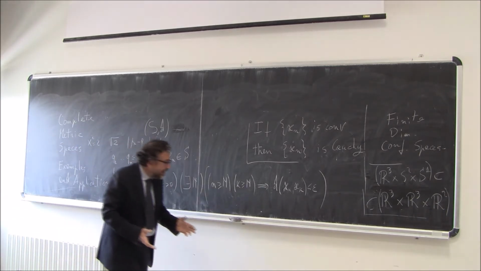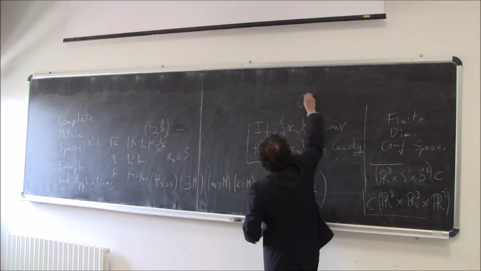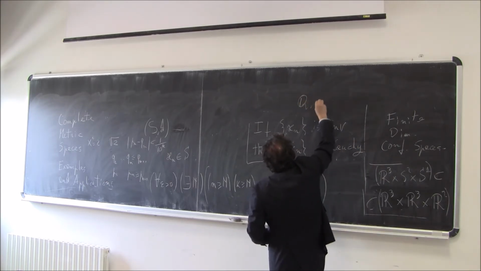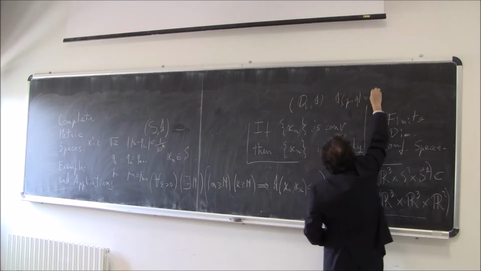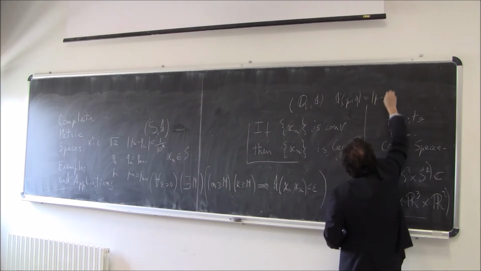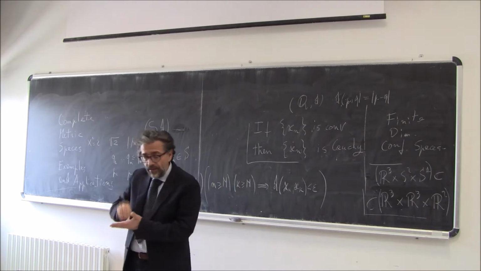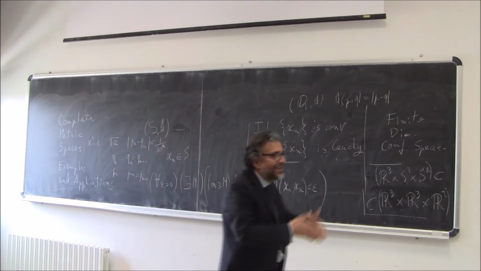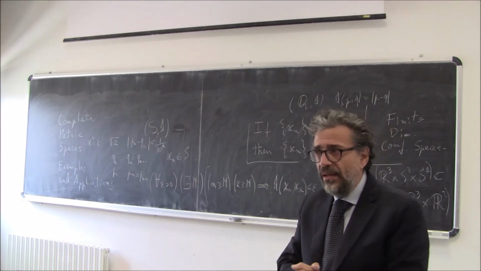So, what can we conclude? We can conclude that Q with the metric d defined in this way, the distance between P and Q equal to the absolute value of P minus Q, Q with this distance is not complete. In the sense we have said last time.